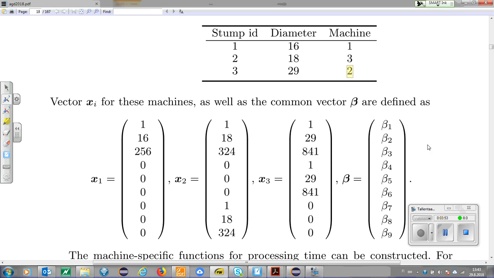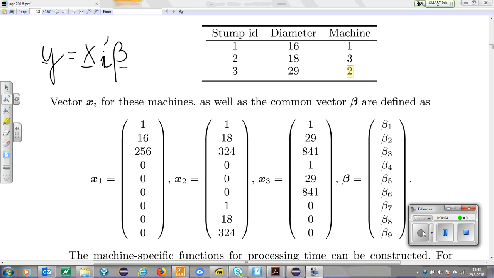When we formulate the model for these stumps and want to write the model in this form, the x_i vector is specified for stump i. So here i gets value 1, here i gets value 2, and i gets value 3.